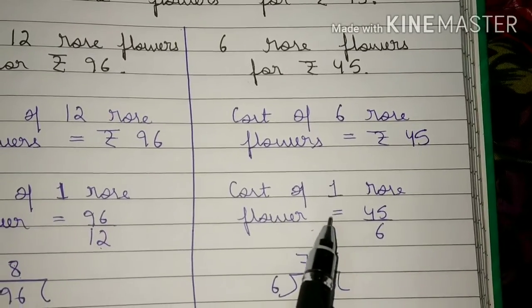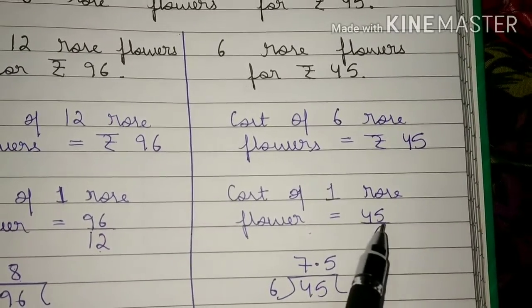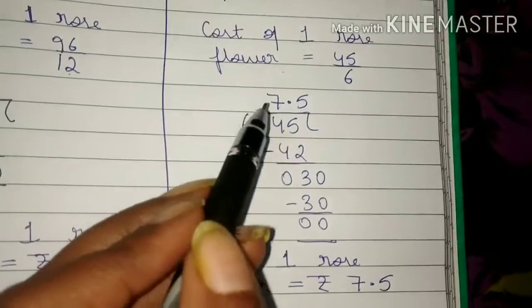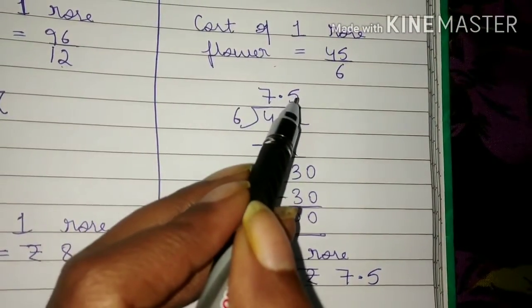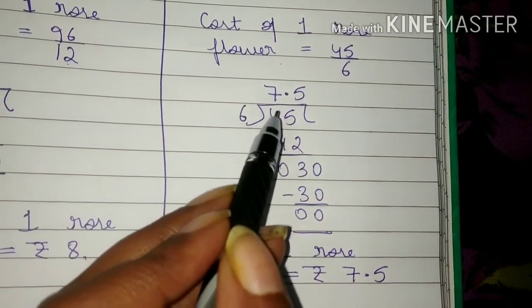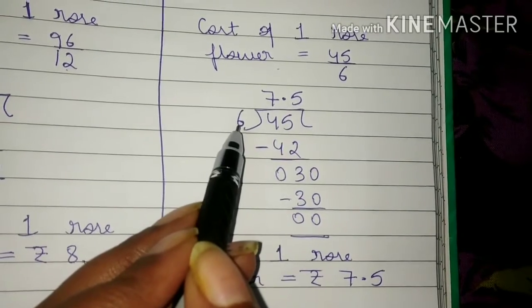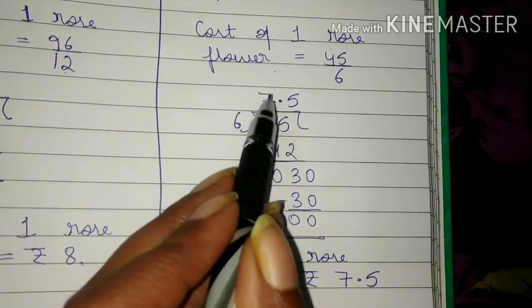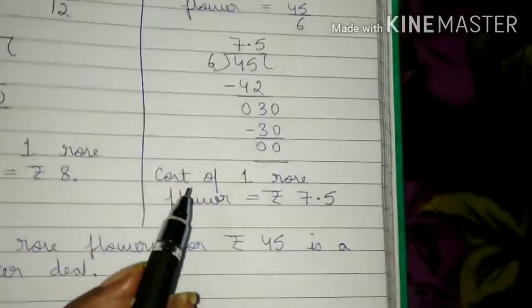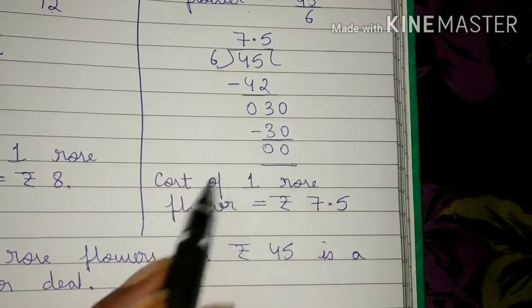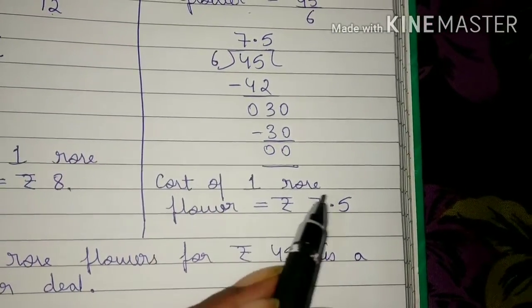When you divide 45 by 6, you will get answer 7.5. So, cost of one rose flower is rupees 7.5.